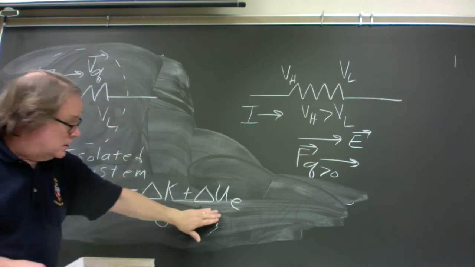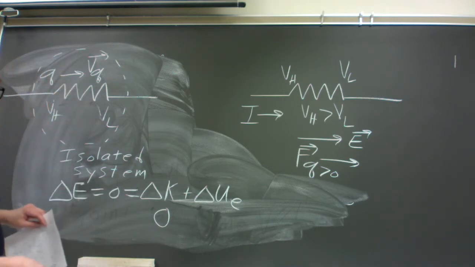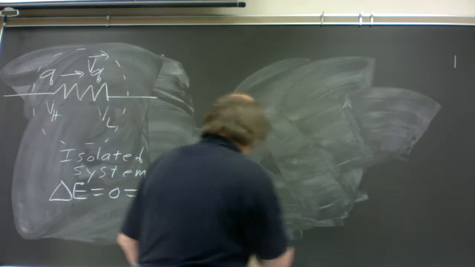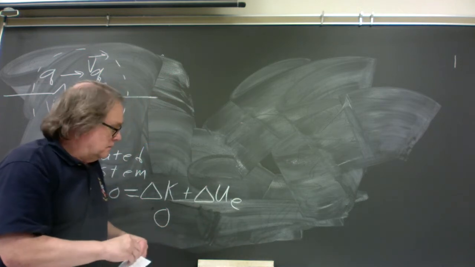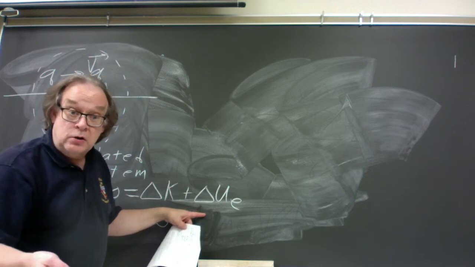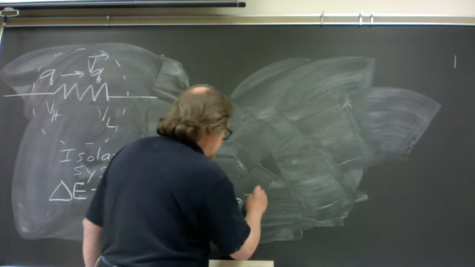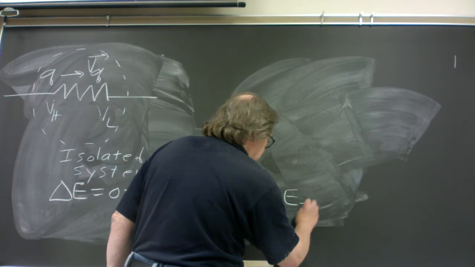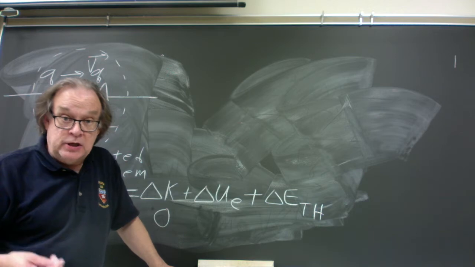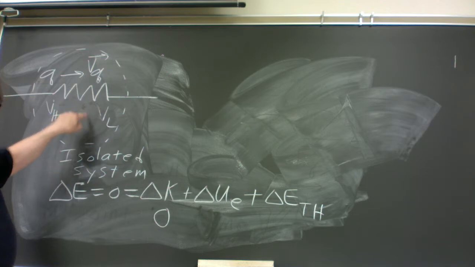But there is a potential energy change, and so that means there has to be an equal and opposite change in some other kind of energy somewhere else in order to keep the net change zero. And that other change is going to, in this case, be in the thermal energy, the total kinetic plus potential energy of all the molecules that make up this circuit element.